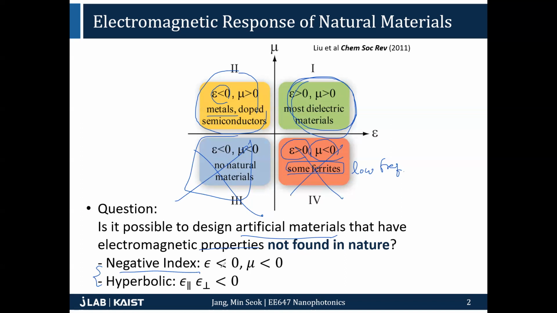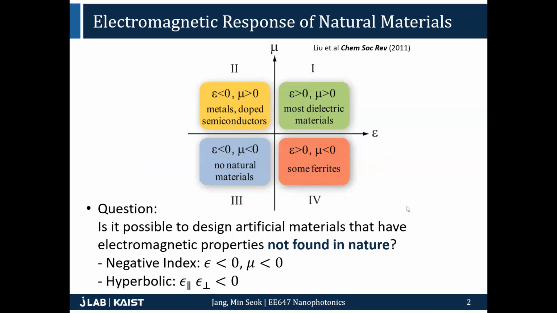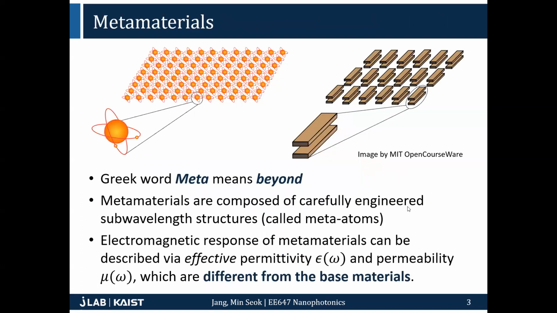There are two possible cases. One is negative index, like epsilon negative, mu negative, or the hyperbolic case, where epsilon in one direction is positive and epsilon in the other direction is negative. In this lecture, I will explain how we can achieve these strange electromagnetic properties using nanostructures, and what the applications of those metamaterials are.